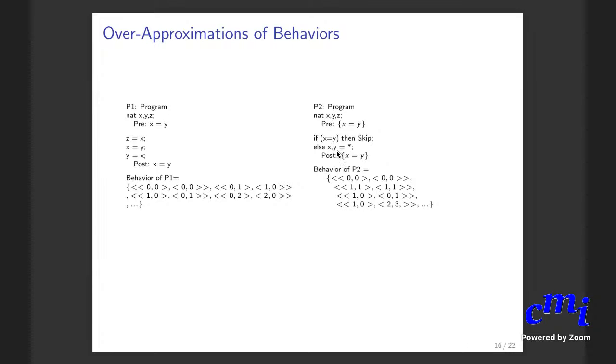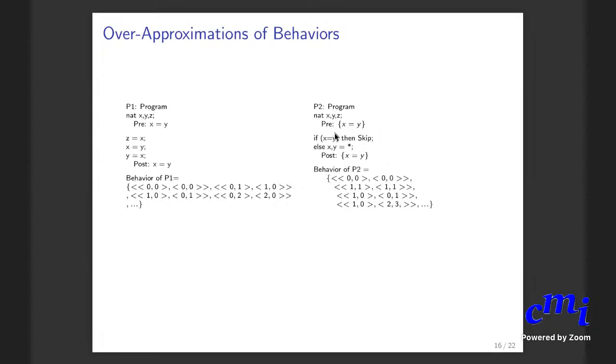Otherwise, it assigns some arbitrary values to x and y. Let's assume that star denotes any value. In this case, I'm picking natural numbers. So it assigns anything.